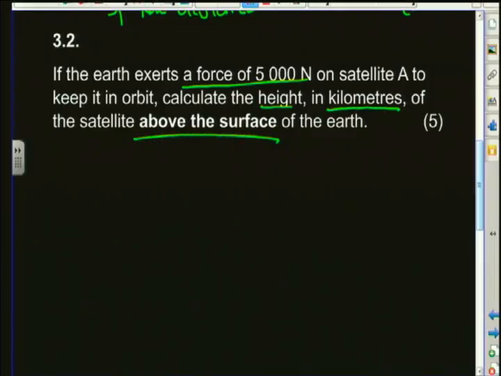So if we put this as a diagram, here's the Earth, here's the satellite. That's A. The Earth has a radius, and what I'm actually looking for is this height.